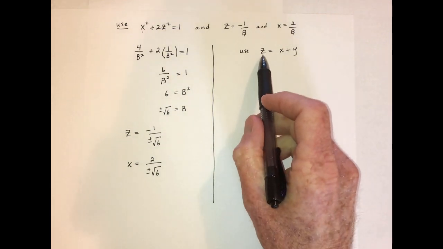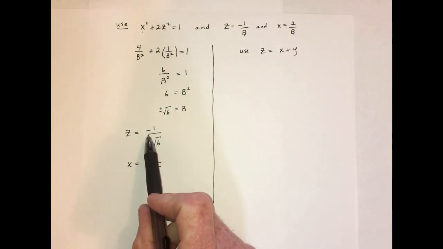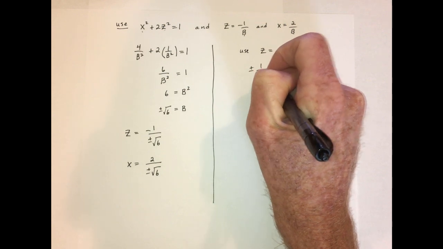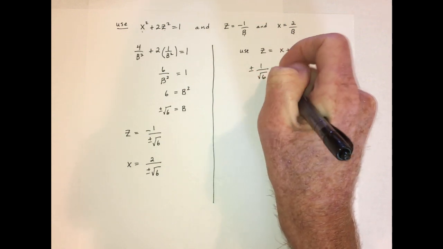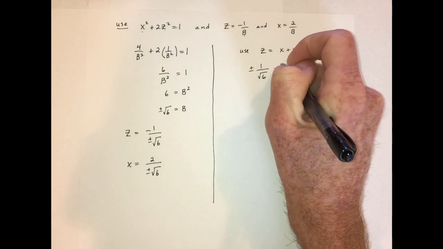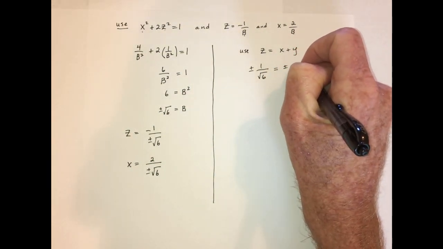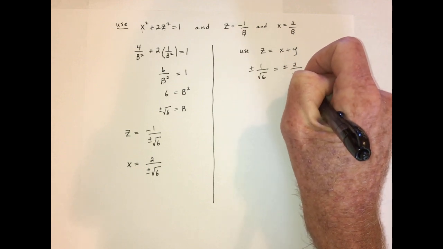and we've got z is equal to, so this negative doesn't really matter because this is saying you have to use both plus and minus. So plus and minus 1 over the square root of 6. And for x, plus or minus 2 over the square root of 6.